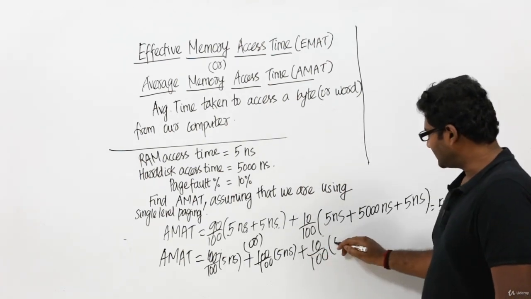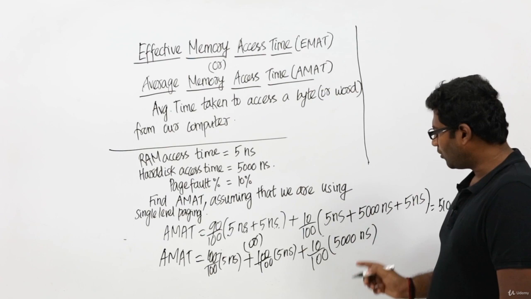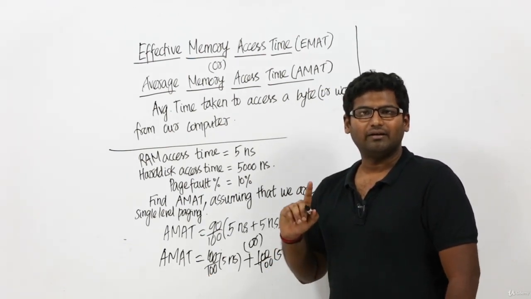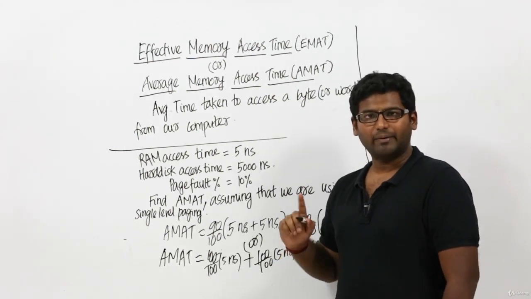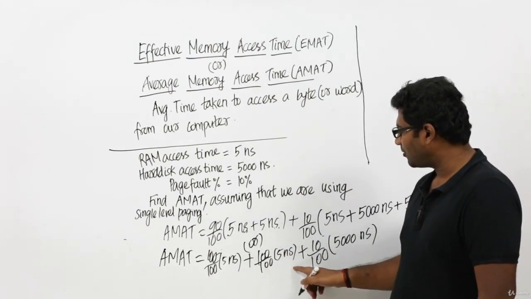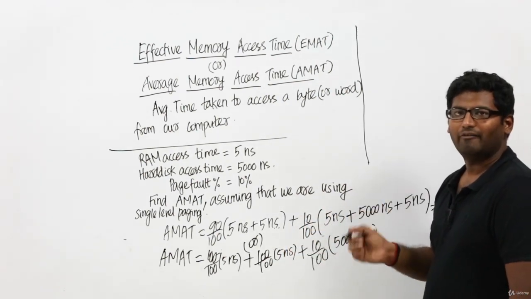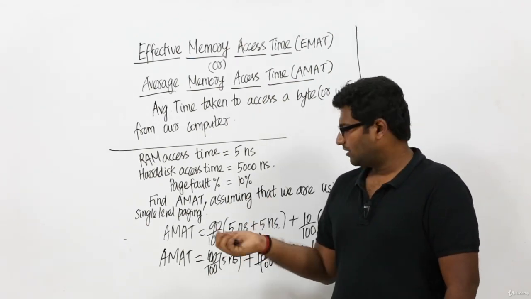So 100% of the times we access the page table, 100% of the times we read the data from RAM, and only 10% of the times do we access the hard disk, which means moving the data from hard disk to RAM.